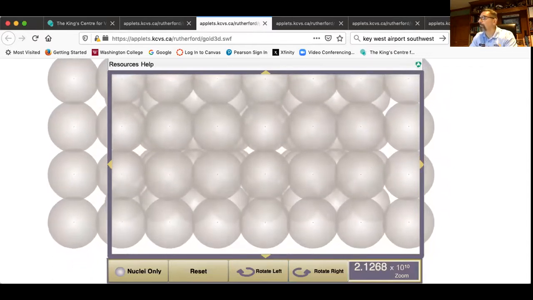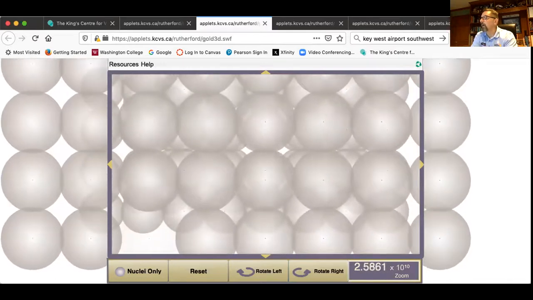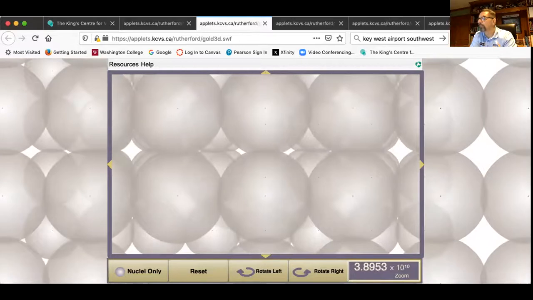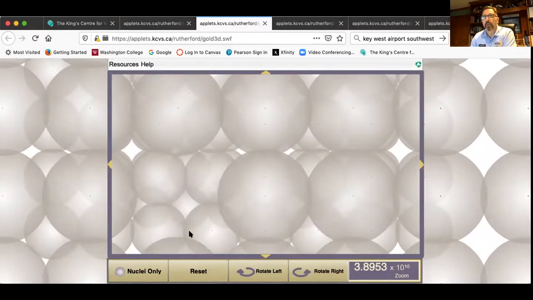You can see now I'm coming in along a line of nuclei right there. And you can see relatively what the scale would be. So the size of the atom where the electrons are versus the size that Rutherford calculates for the nucleus. Okay, that's the simulation. That's the big picture result of what we think an atom looks like.